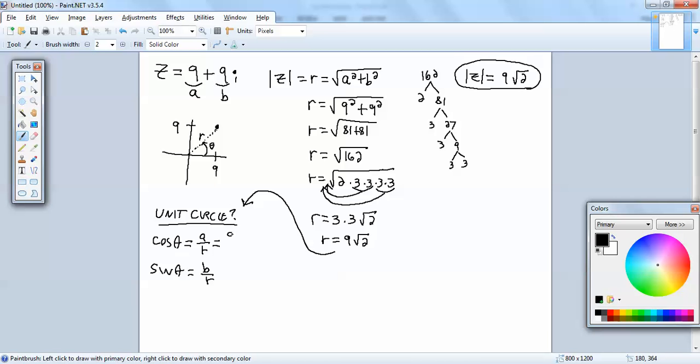R was 9 square root of 2. 9s would cancel, and I got 1 over square root of 2. Multiply top and bottom by square root of 2, and you get square root of 2 over 2. Now B is 9, and R is still 9 square root of 2. So this is going to give us the same idea. You multiply the top and bottom by square root of 2, and you get square root of 2 over 2. So we have square root of 2 over 2 and square root of 2 over 2.